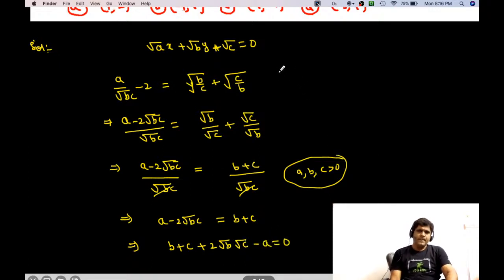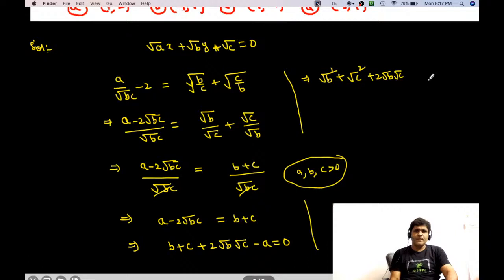Next, this b can be written as root b square and c can be written as root c square, plus 2 root b into root c, minus a can be written as root a whole square.